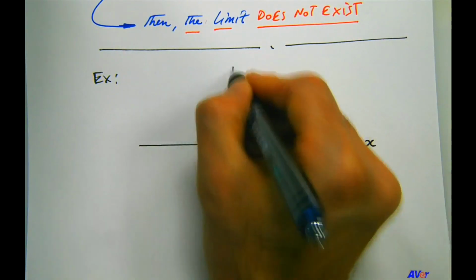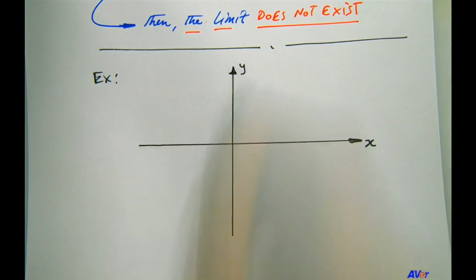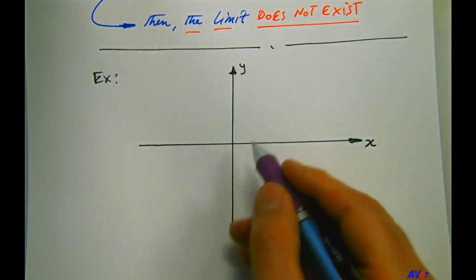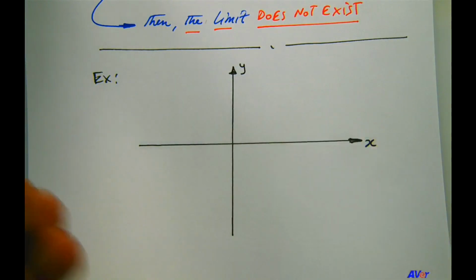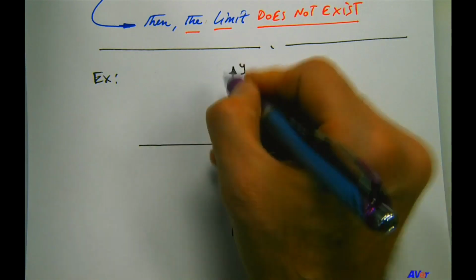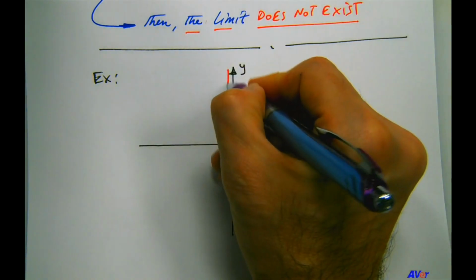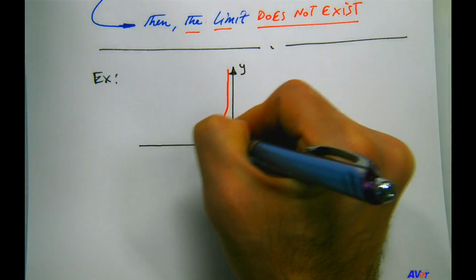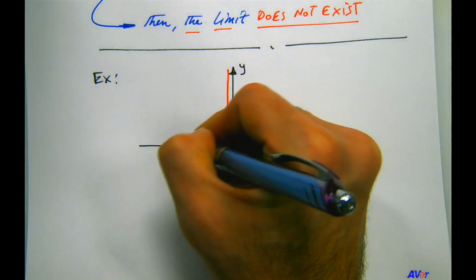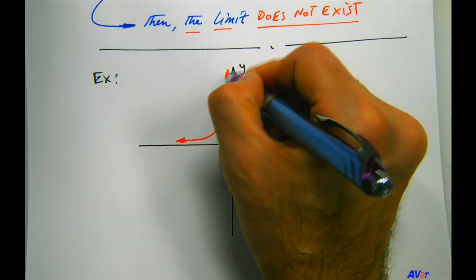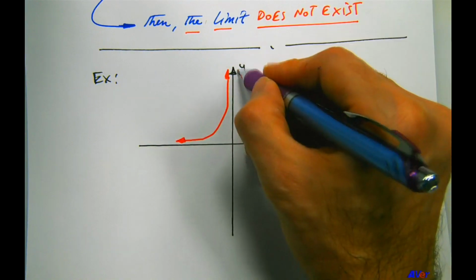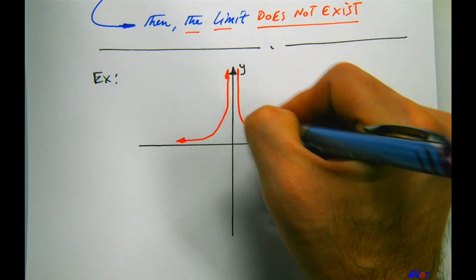So here's our x-axis, here's our y-axis. And suppose we have a graph that looks like this, that goes like this, and also goes like this on the right.